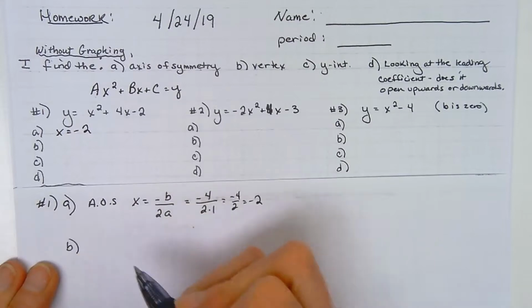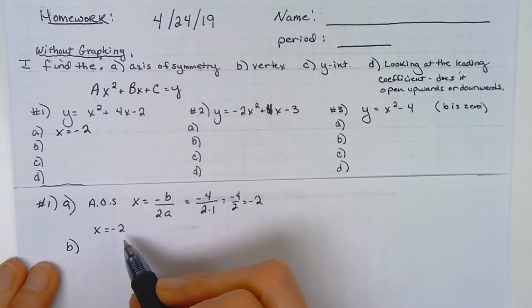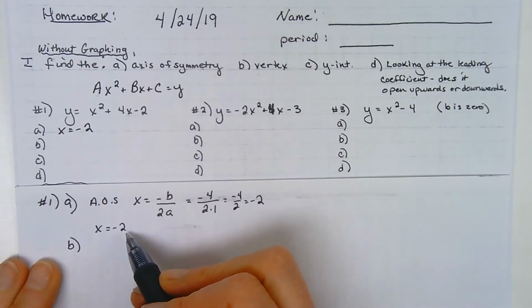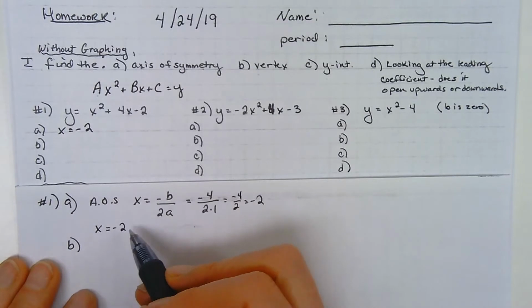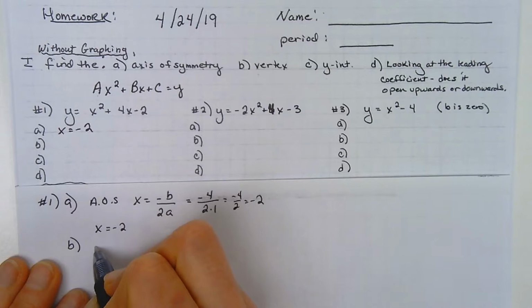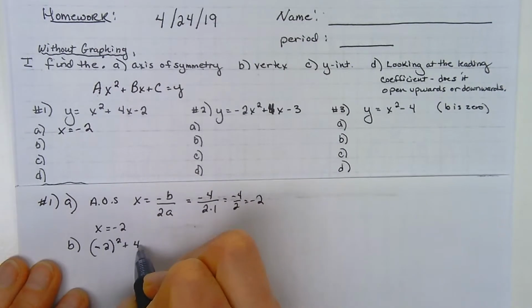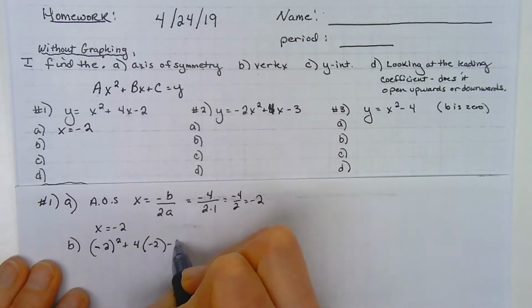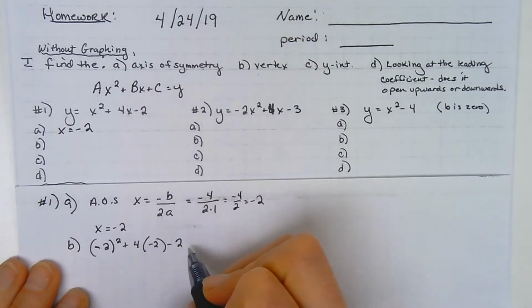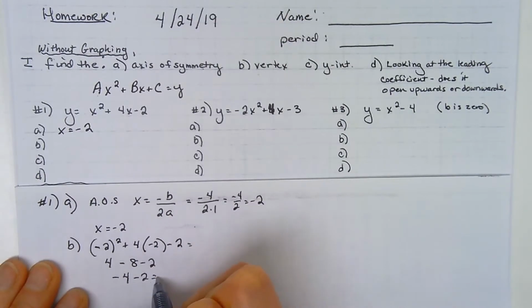B. I'm going to use that value of x equals negative 2 to find the vertex's actual location on that axis of symmetry. So I'll take negative 2 and put it into the function. Negative 2 squared plus 4 times negative 2 minus 2. When I solve this, I'll get 4 minus 8 minus 2. Negative 4 minus 2 equals negative 6.